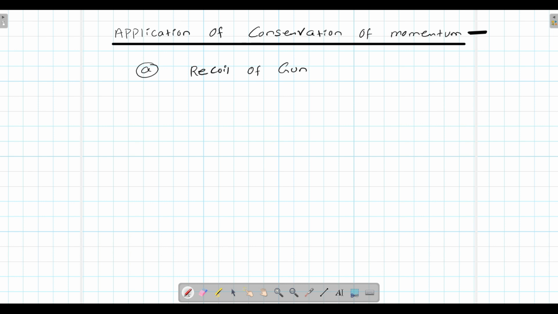First is recoil of gun, then explosion of bomb, then rocket propulsion. These are the applications of conservation of momentum. So first is recoil of gun.